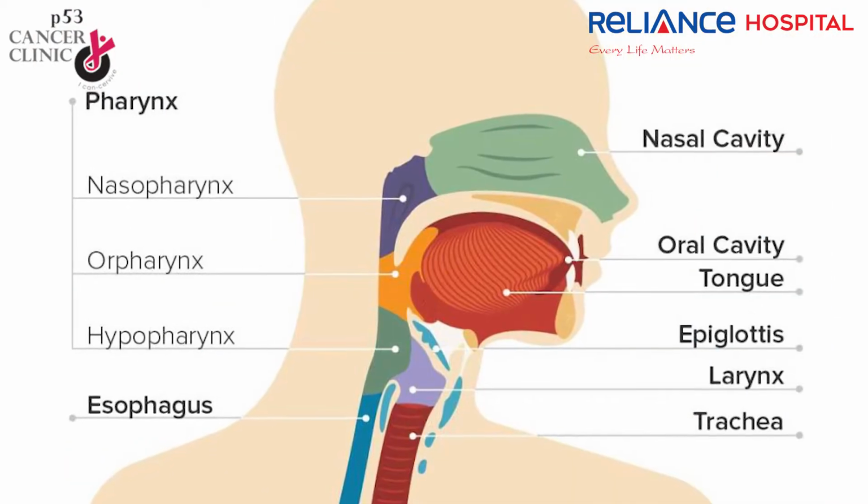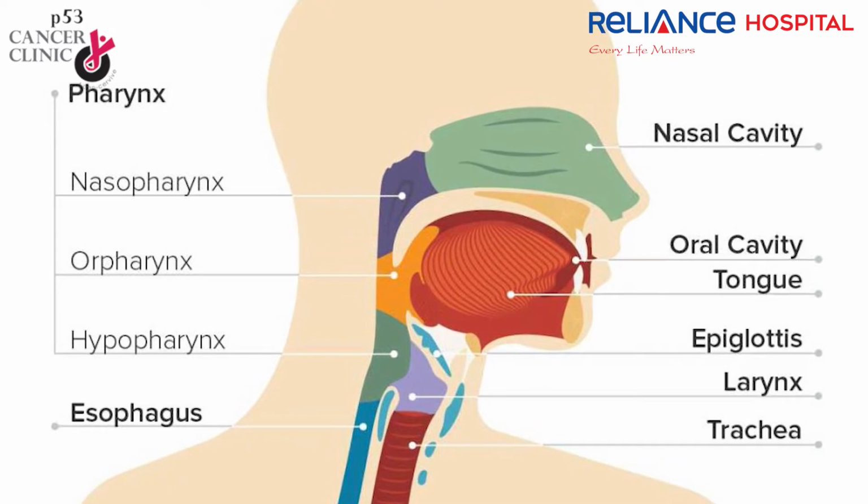Head and neck cancers also include the tumors of the voice box, which is mainly the larynx and the pharynx. The pharynx is the connecting part or the topmost part of the food pipe, which connects the oropharynx, nasopharynx to the food pipe.